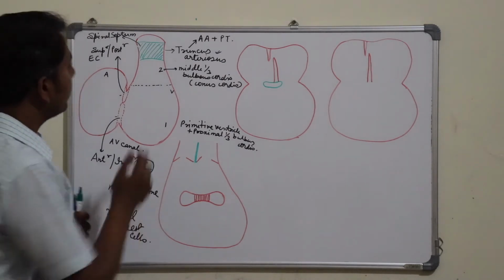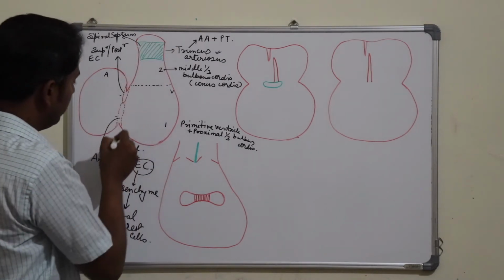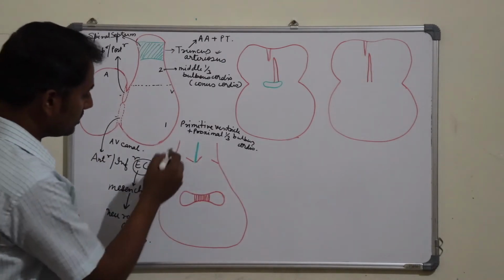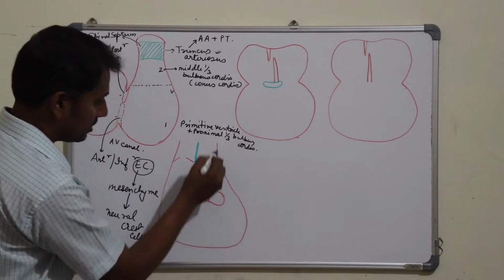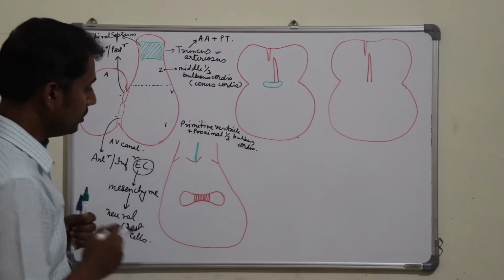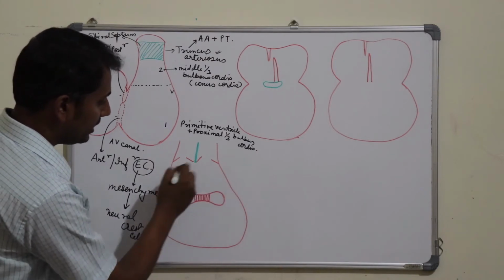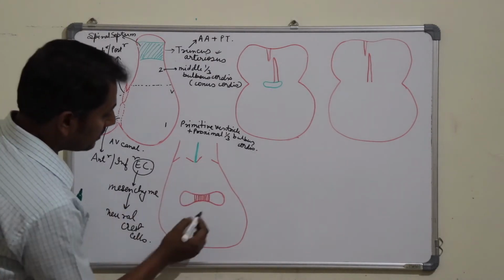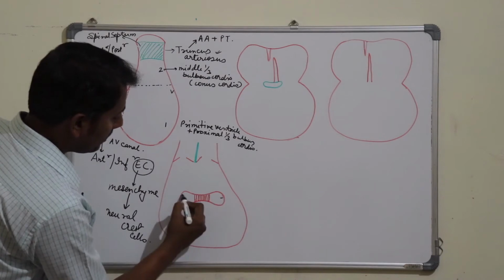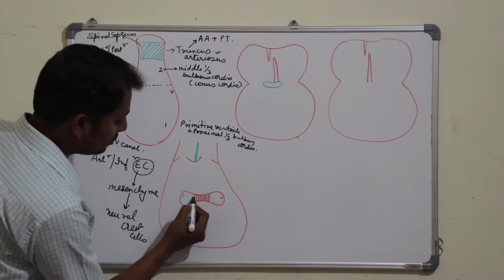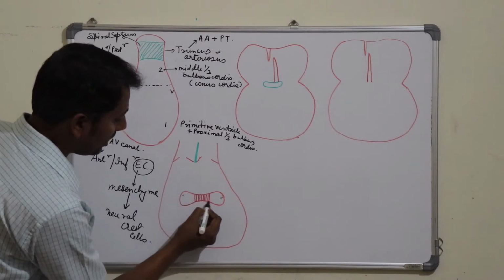Now if we take an oblique section in this plane and view it from the anterior aspect, this figure will come into picture. So this anterior was the common ventricular chamber. These were the two AV canals which was separated by the fused AV cushions or the endocardial cushions.